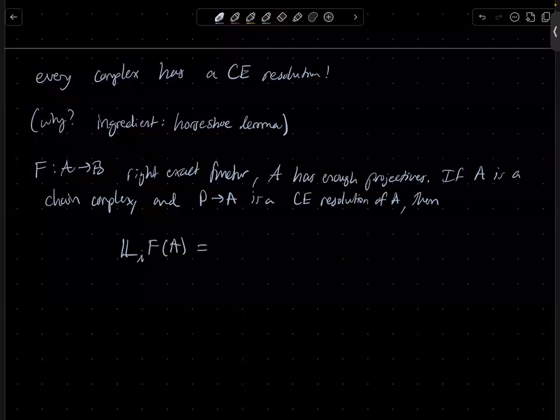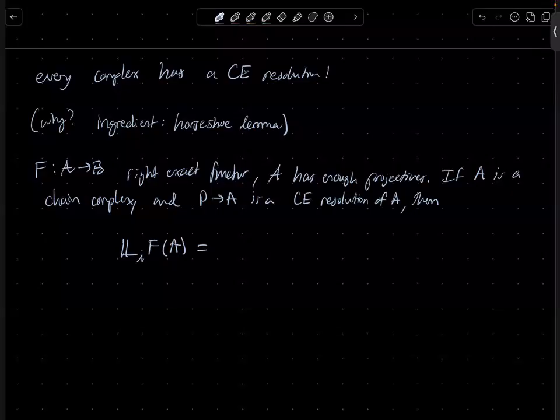Right. So notice here that the thing that I put into this derived functor is a complex. So it is really the analog of, I think this is just pretty much the derived functor, but in the situation where our abelian category is just the category of complexes, but we look at the functor we get if we upgrade F from A to B to F from complexes on A to complexes on B. But don't take my word on this.